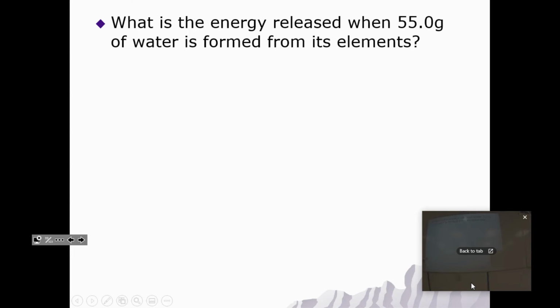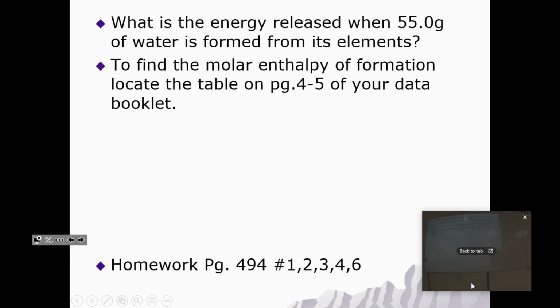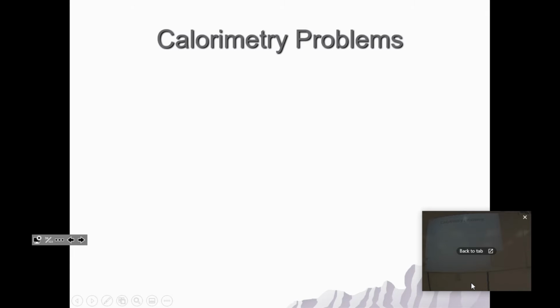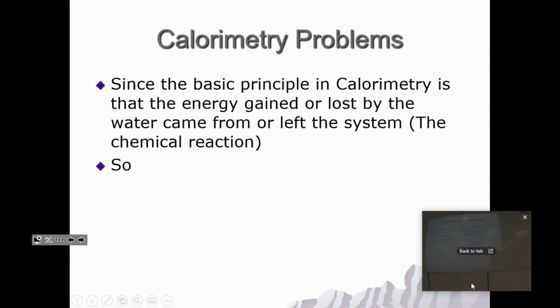So we talked about calorimetry last time. Okay? Calorimetry is basically that the energy that is gained or lost by the system goes only to the water or something measurable in the calorimeter.